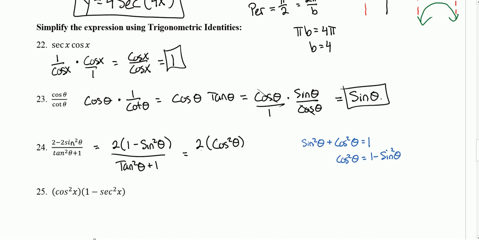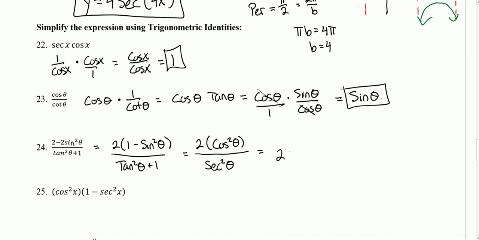Another trig identity is that the tangent squared theta plus 1 is equal to the secant squared theta. I'm going to erase that piece to create some more room, and now keep working through this. The secant is the reciprocal of cosine. So I'm going to split this up a little bit.